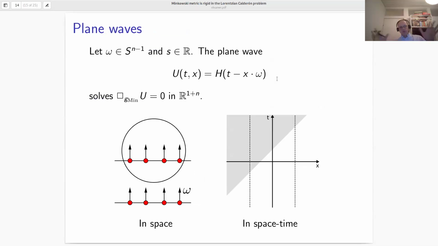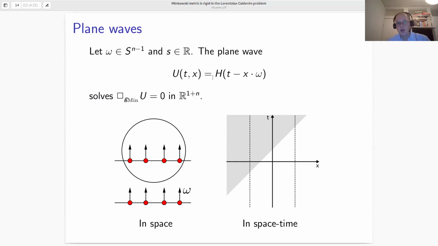So first, if you just look in Minkowski space and you fix a direction, okay, so I actually deleted this shift parameter, so I'll explain what this s is. But okay, so fix a unit vector, omega, in space.